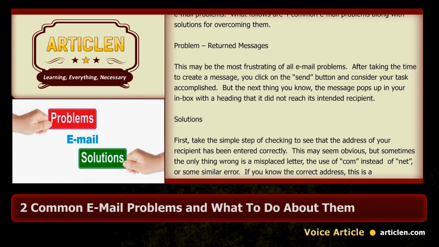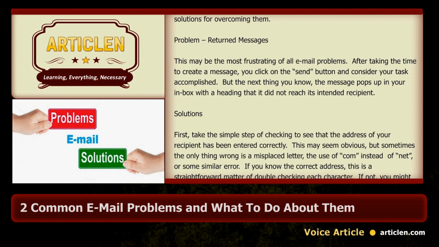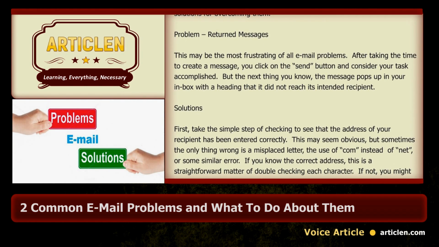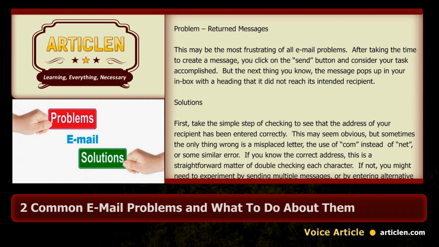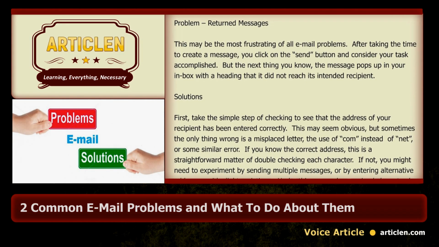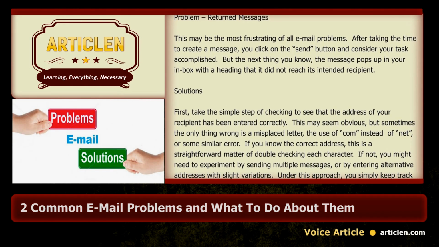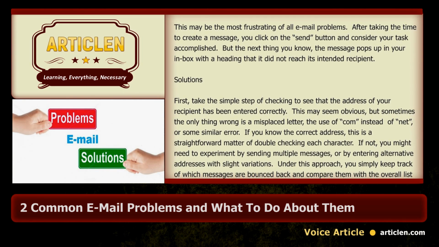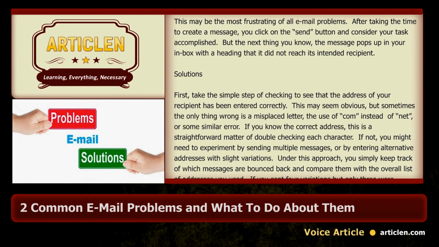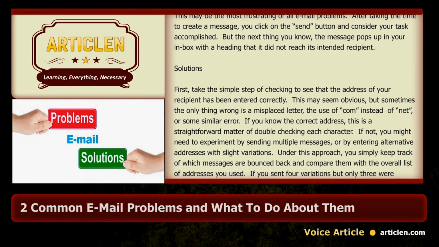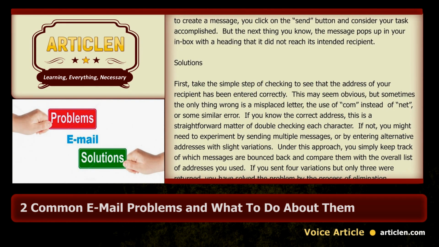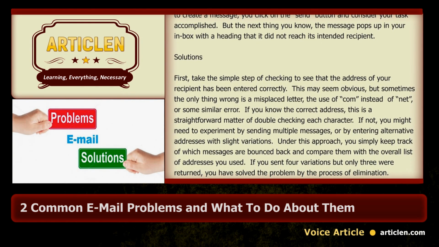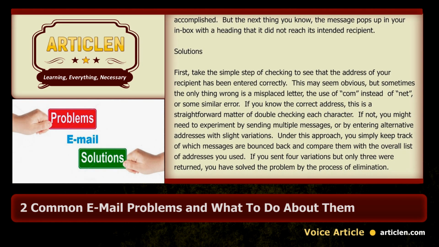This may seem obvious, but sometimes the only thing wrong is a misplaced letter, the use of com instead of net, or some similar error. If you know the correct address, this is a straightforward matter of double-checking each character. If not, you might need to experiment by sending multiple messages, or by entering alternative addresses with slight variations.